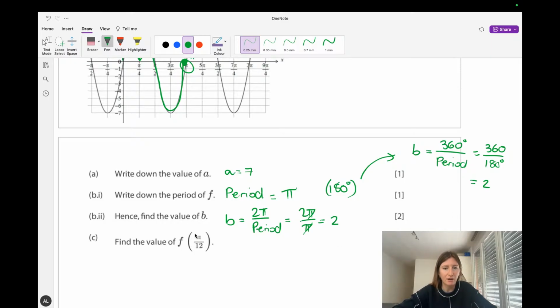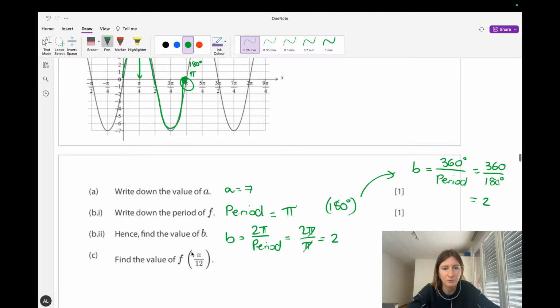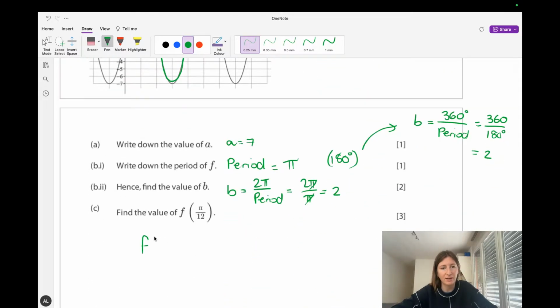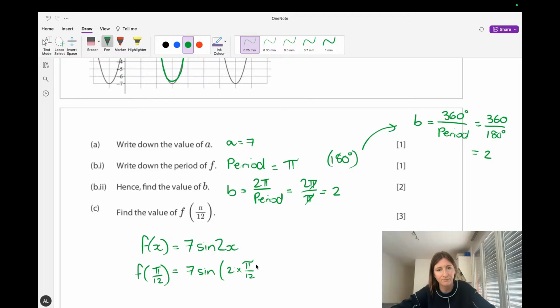Then find the value of f at pi over 12. So we would take our function. We have f of x equals 7 sine of b x, and b we just found was 2. So this is our function, and we want to know it for pi over 12. So 2 times pi over 12, 7 sine, that's pi over 6.